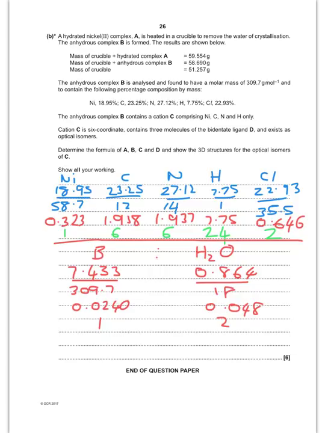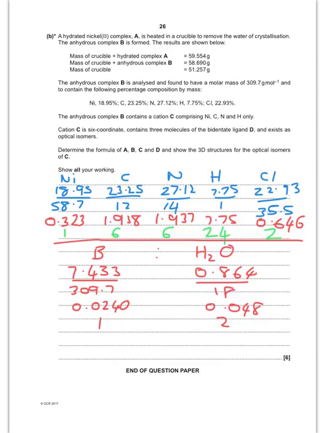Right, so final 6-marker question. It starts off quite nicely. You can get a few marks with an empirical formula, which I've done there. You just take your percentage mass, divide by your RAMs and find the simplest ratio. Perhaps slightly more difficult is finding the relationship between anhydrous complex B and waters.